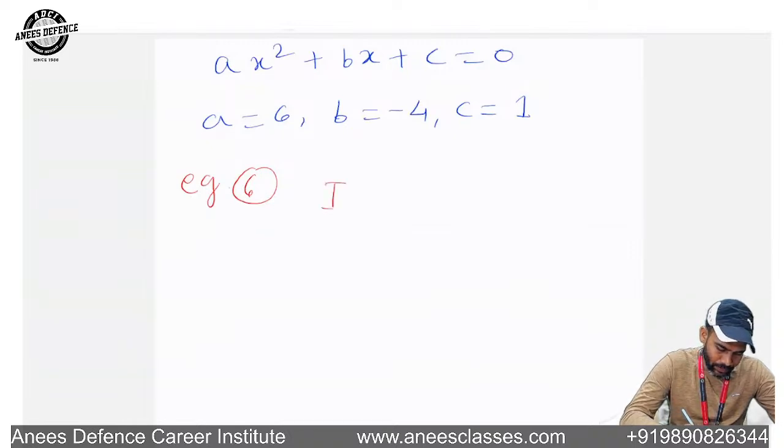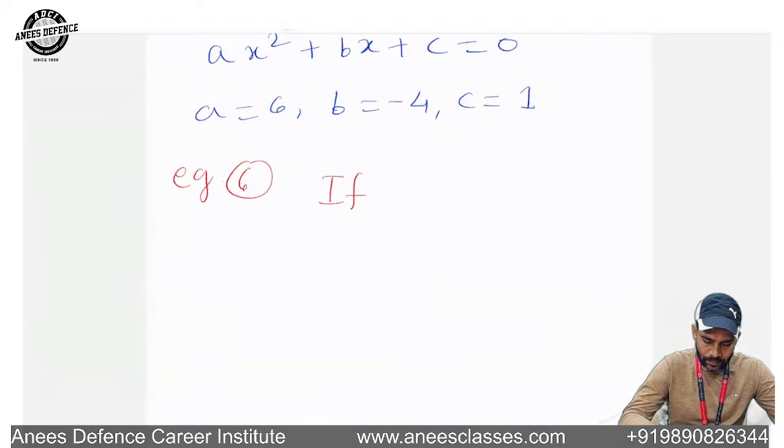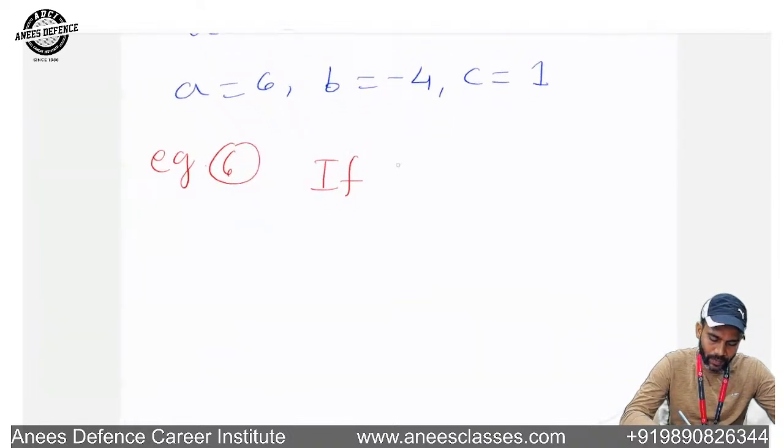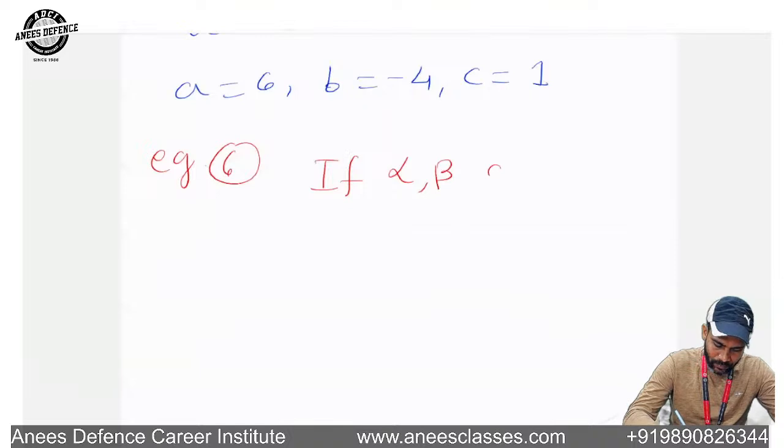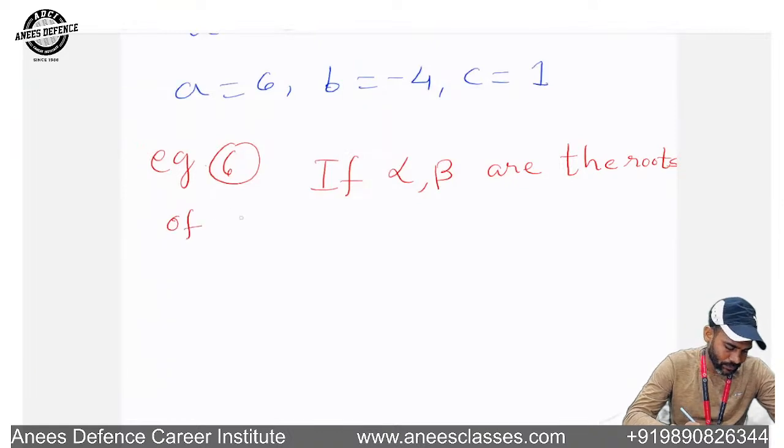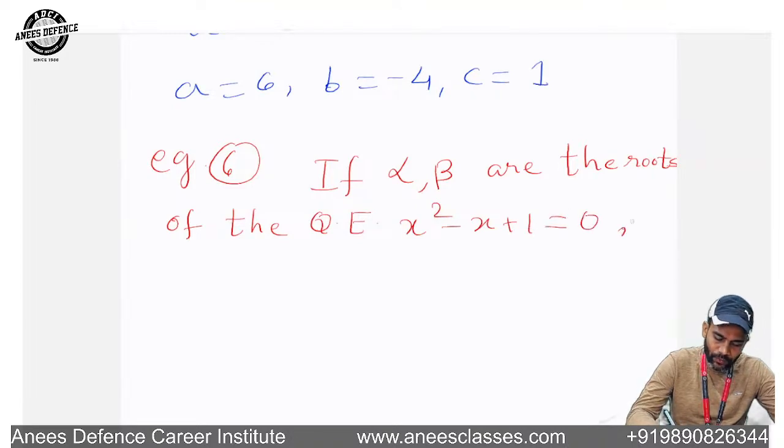If alpha and beta are the roots of the quadratic equation x square minus x plus 1 is equal to 0, then which one of the following is correct?